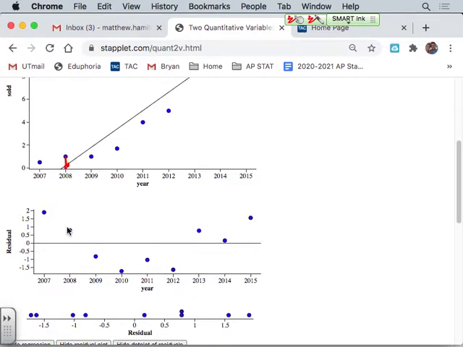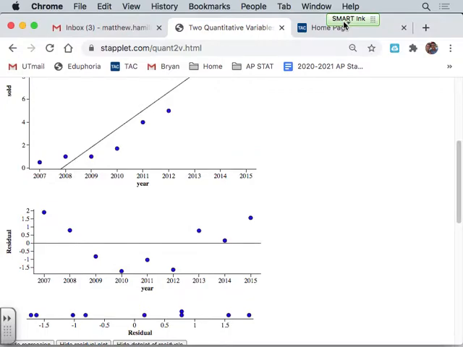So we're converting this residual into a flat line graph of where our residuals are. This positive residual is that same distance right there. This next one looks like it's going to be a negative residual, and you can see at 2009 it goes into the negatives on our residual. So it's just putting these into a flat view: were you even to it, or were you above or below?